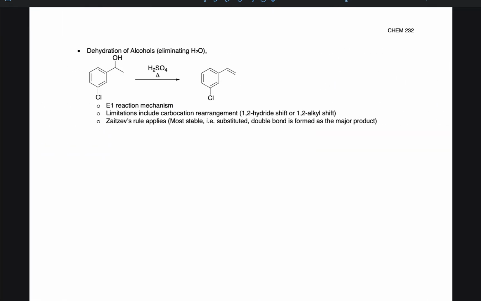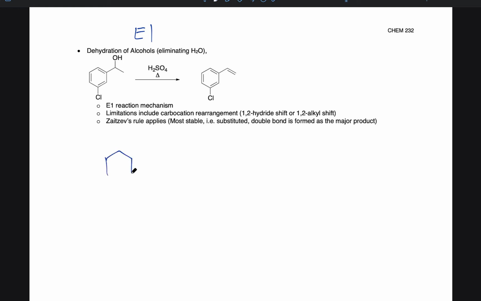Another way to have alcohol leave as a leaving group, as we discussed in chapter 7, is with this sort of E1 elimination, having alcohol and exposing it to acid and eliminating H2O. We're dehydrating an alcohol.